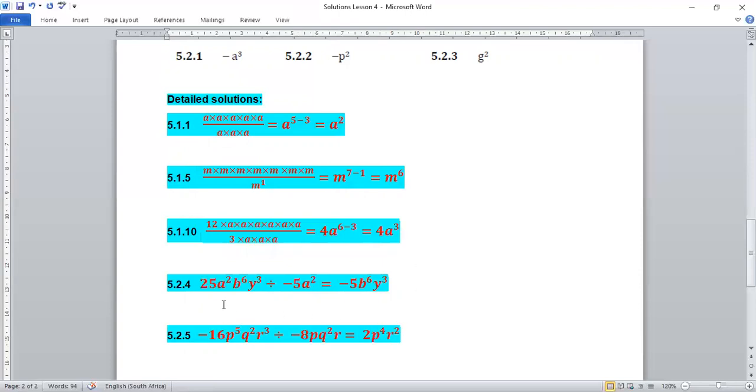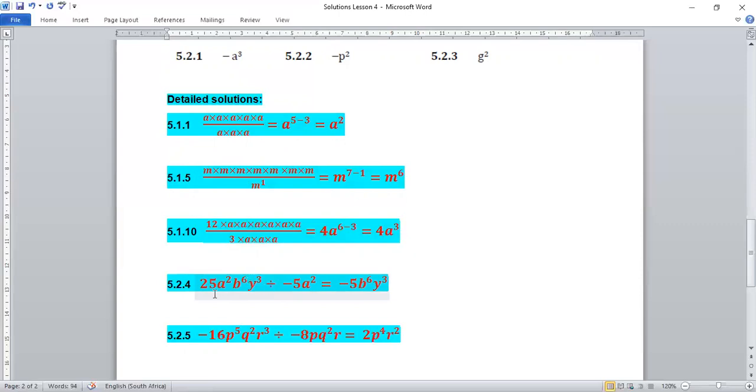Then we get a question where you are not given a division sign, we're just given the operation symbol. Now, how do we work out a question of this nature? Very simply, you do not have to write this out in this form. So pay attention to this.